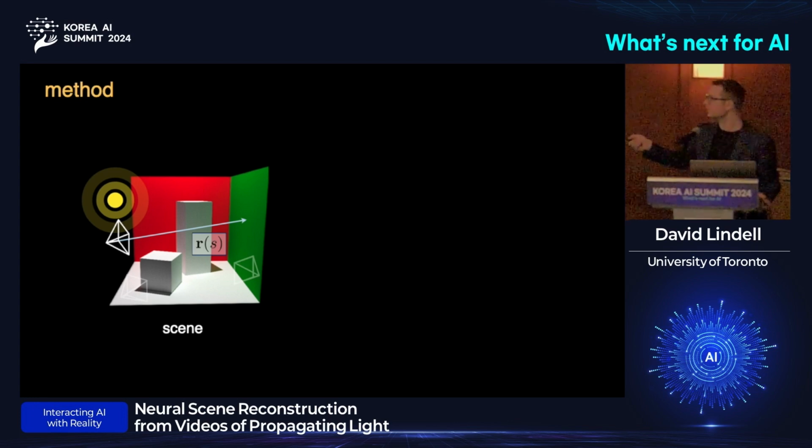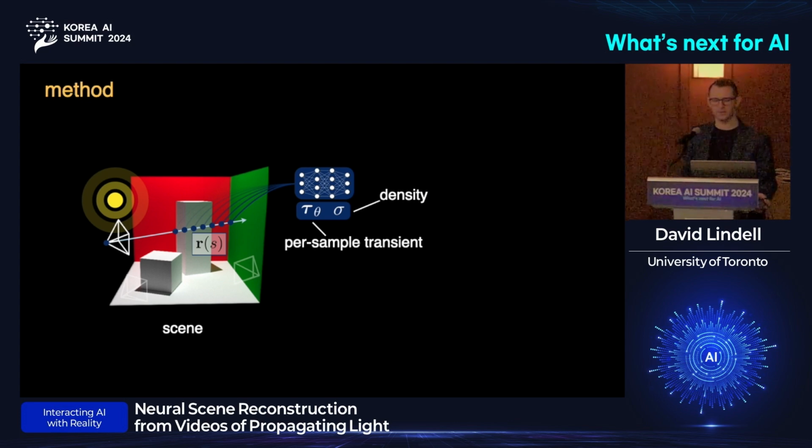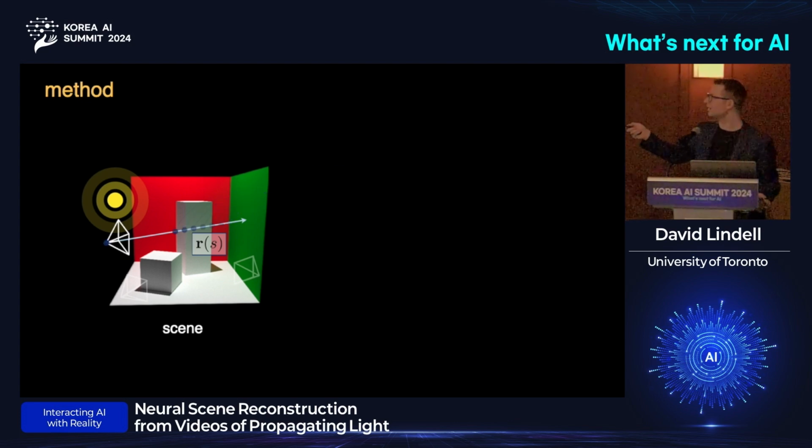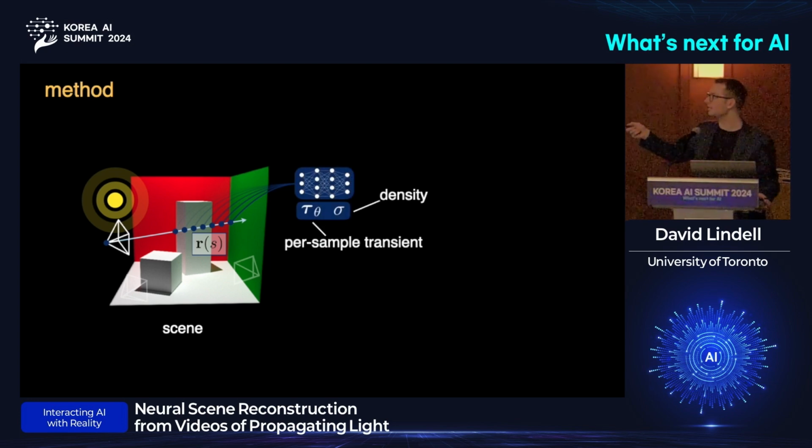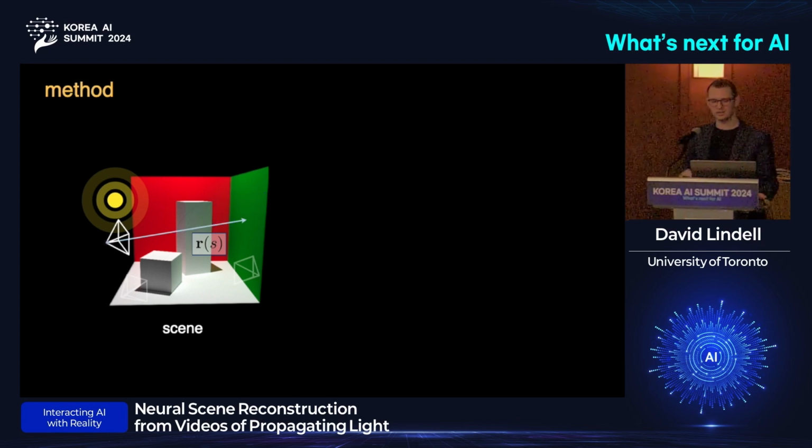We reconstruct a 3D scene by placing cameras in the scene at the locations of the viewpoints of the captured measurements, and we cast a ray from the camera into the scene, and we sample 3D points along that ray. And at every 3D point, we predict an opacity value or a density, just like with the standard neural radiance field.